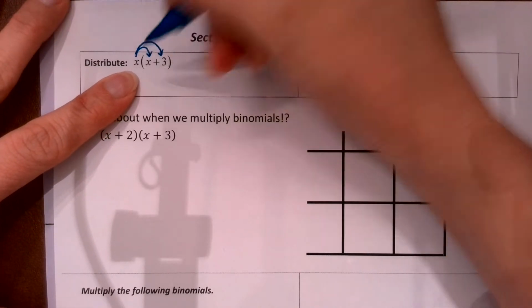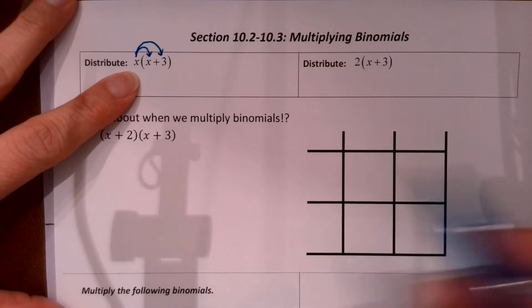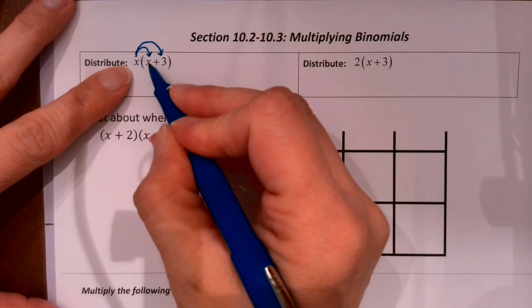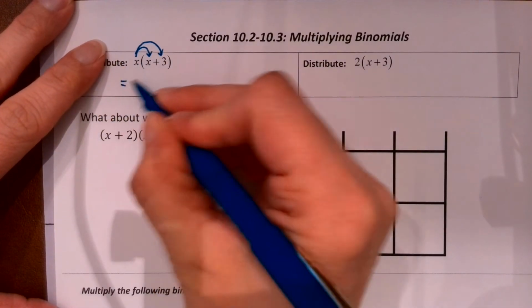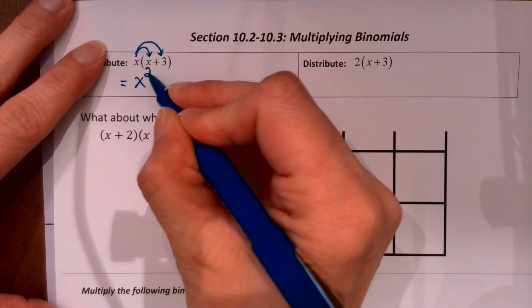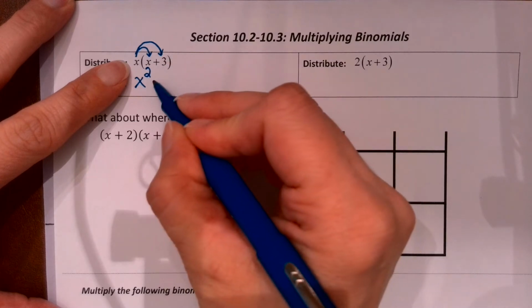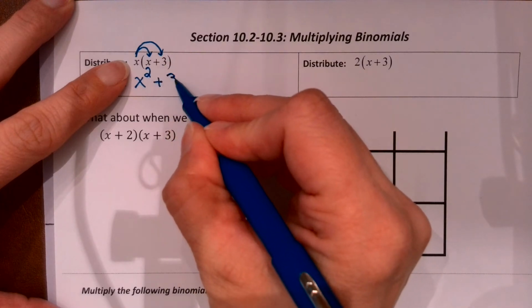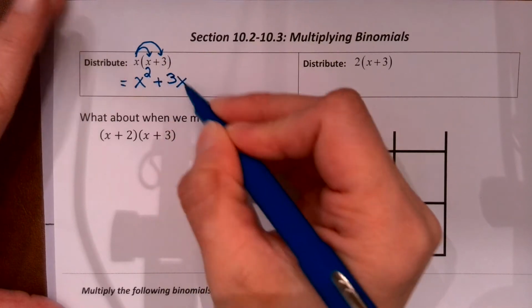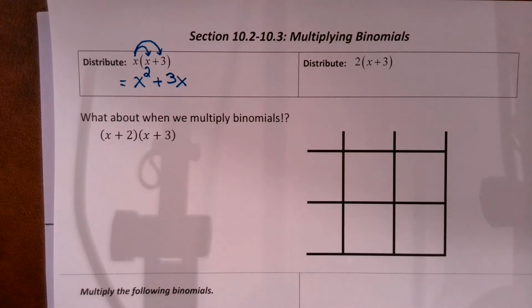Both of those students get the test. How do you multiply by x? Let's give x another x. X times x makes x squared. And then what happens when x gets multiplied by 3? That's simply 3x. So this was last week's lesson on distributing.